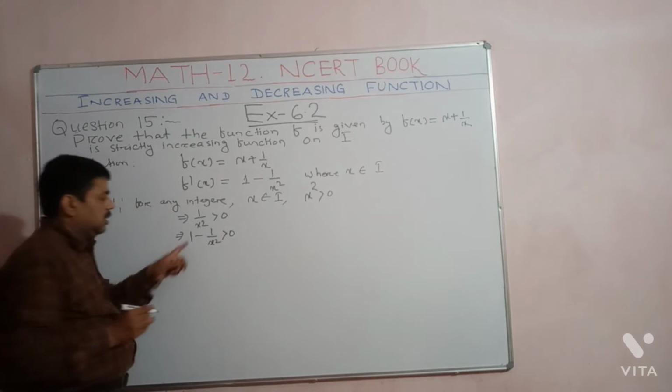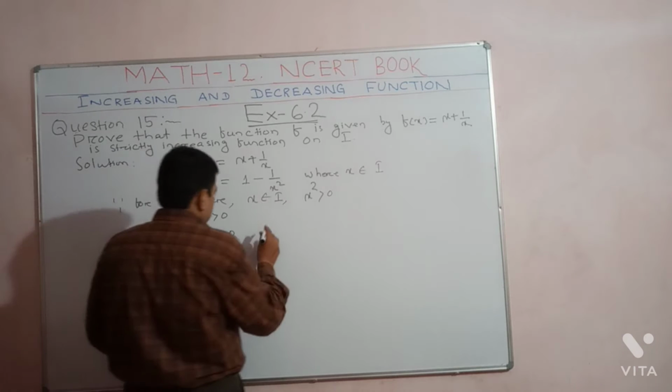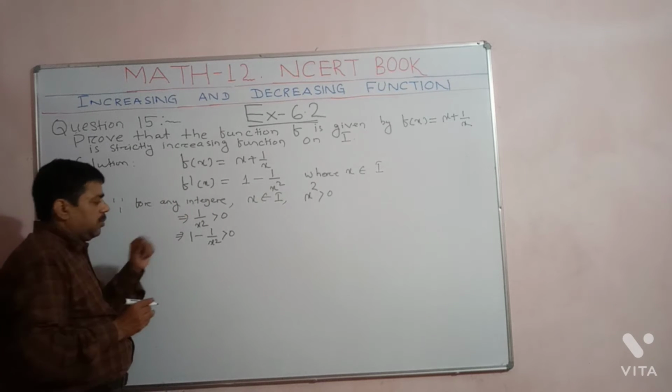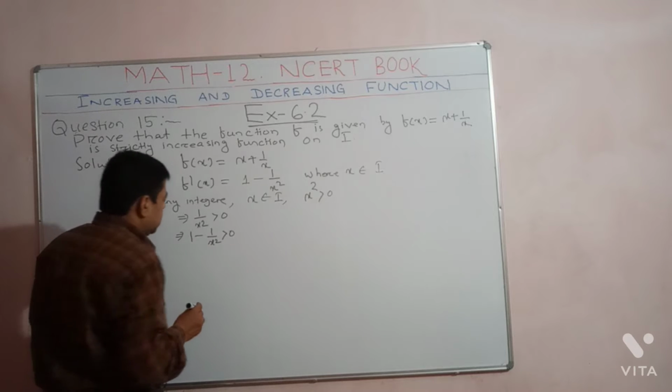Because whatever value of the integer x you take, 1 - 1/x² is always greater than 0.